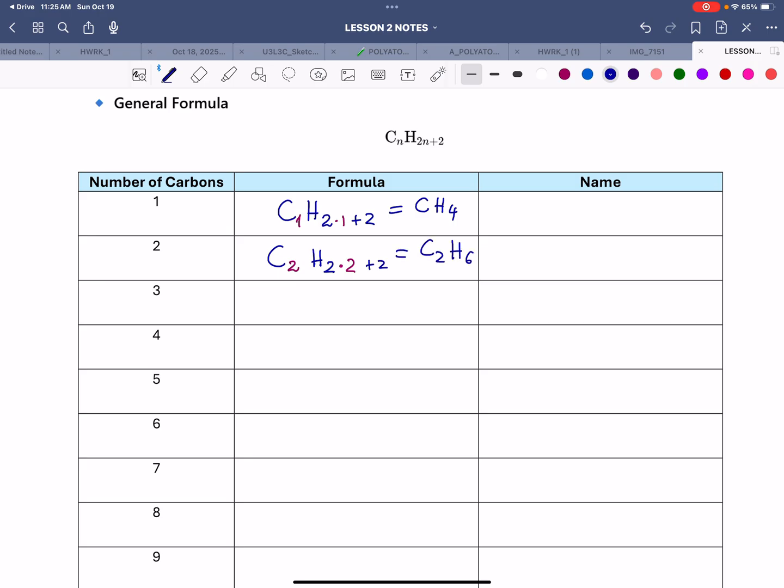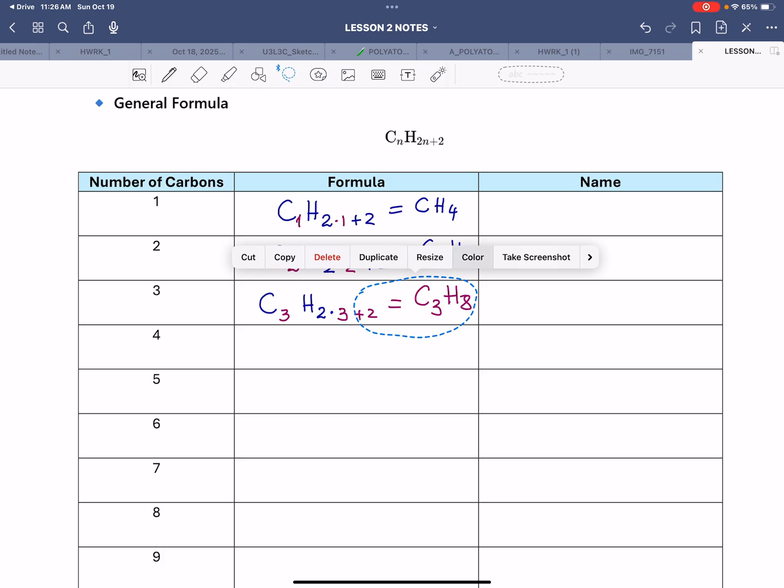In a similar way, the next hydrocarbon on the list is C3, and for the number of hydrogens, we double the number of carbons, 2 times 3 plus 2, and that will give C3H8.